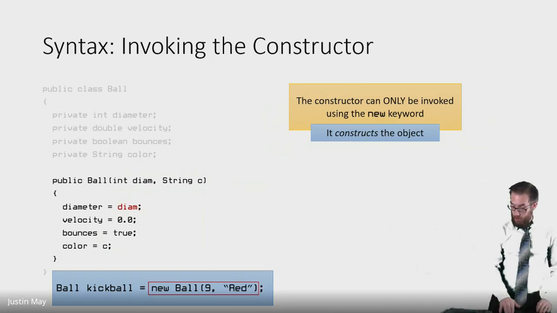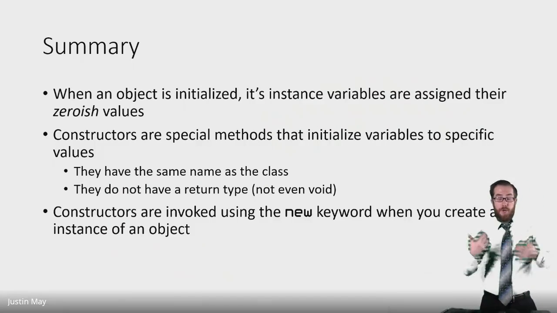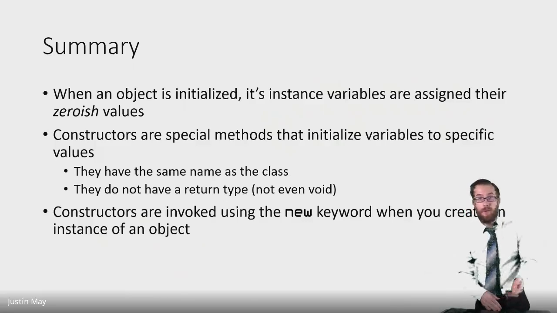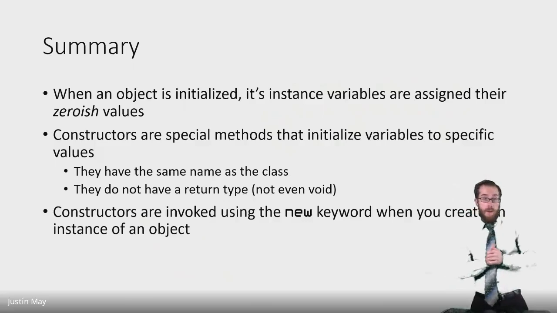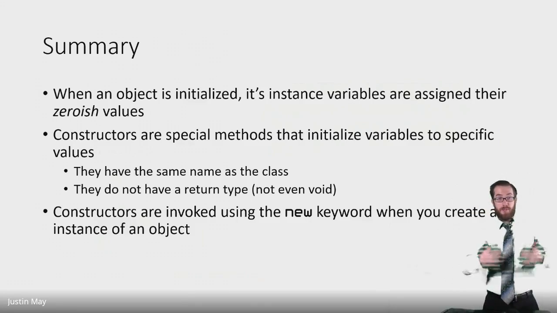And that's it. That's constructors. By default, when you make a new instance of an object, all of the instance variables will be assigned their zero-ish value. So 0, 0.0, false, or null. You can write a constructor, which is a special method that initializes those instance variables to specific values.